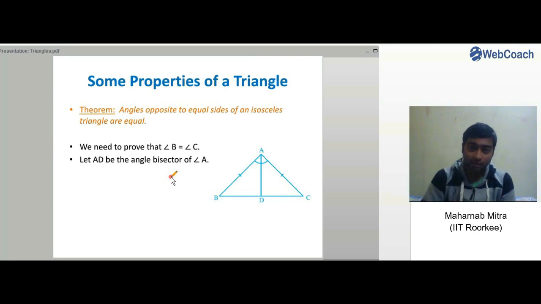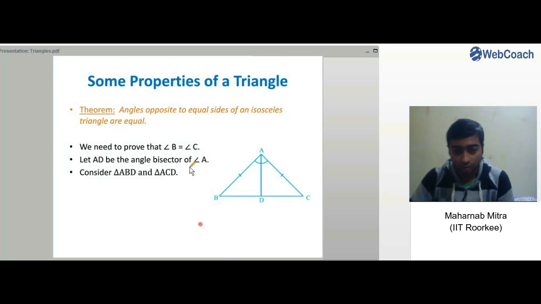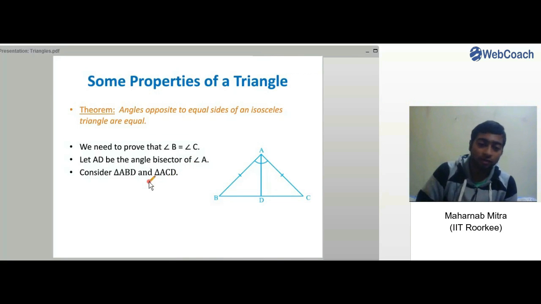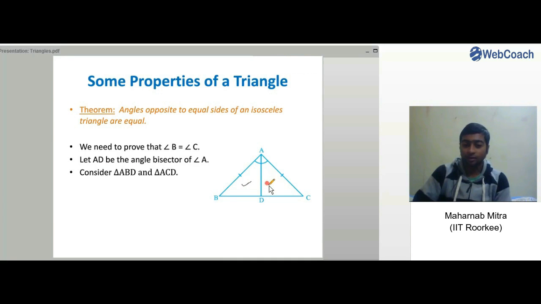So let AD be an angle bisector of A, or AD is that line which divides the angle A into two equal parts. Therefore angle BAD equals angle DAC. So let us consider two triangles, triangle ABD and triangle ACD.